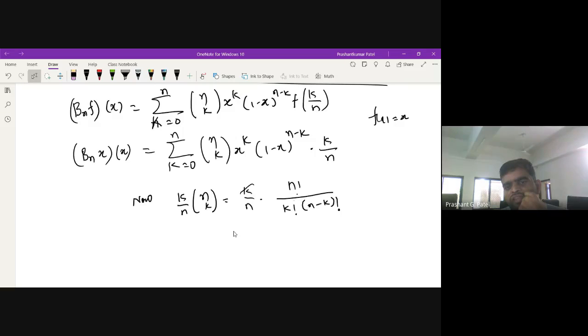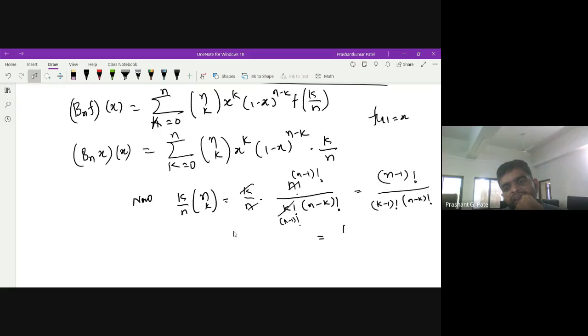So the k gets cancelled out. This is k minus 1 factorial. And the n is also cancelled, so this will be n minus 1 factorial. So what we got is n minus 1 factorial upon k minus 1 factorial, n minus k factorial.